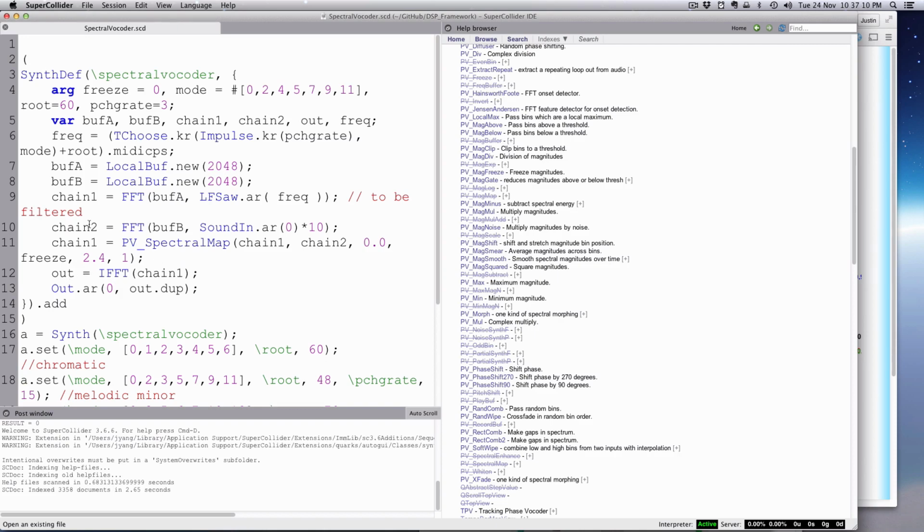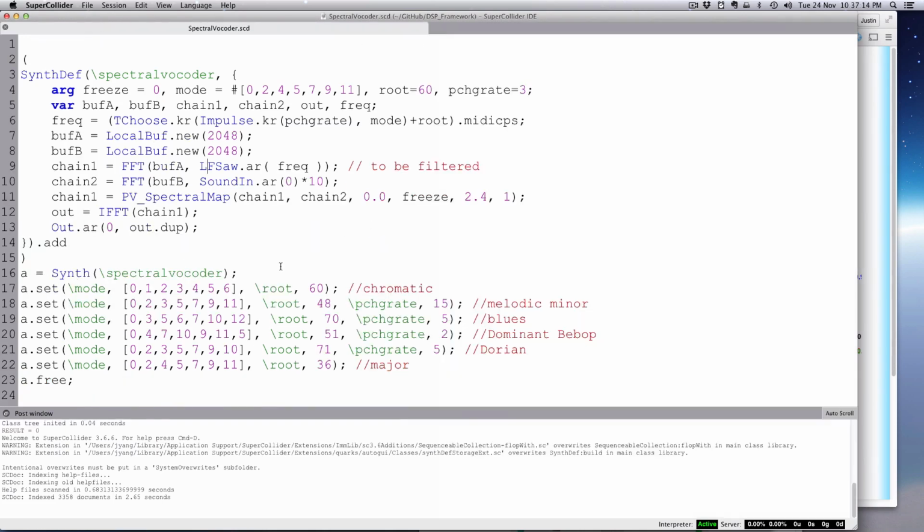And then once that process has taken place, we do the inverse Fourier transform, IFFT, and we change it back from the frequency domain into the time domain, because that's what our UGens like out and so on expect. They expect that complex waveform in the time domain.